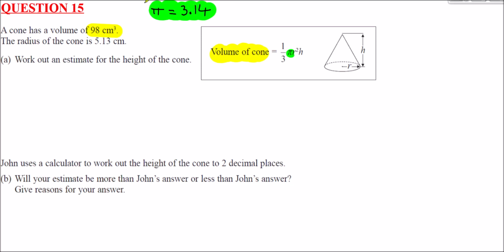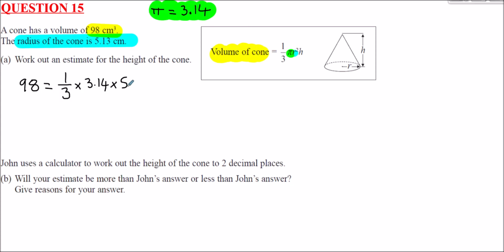The height we want to know. So just filling in these numbers, the volume, which is 98, equals 1/3 times pi, which is about 3.14, times the radius squared. So again, this little r is the radius, which is 5.13.